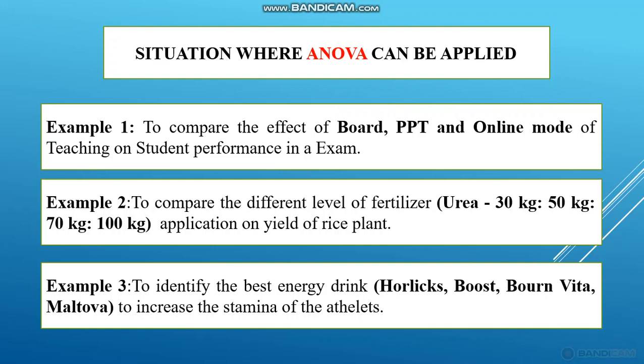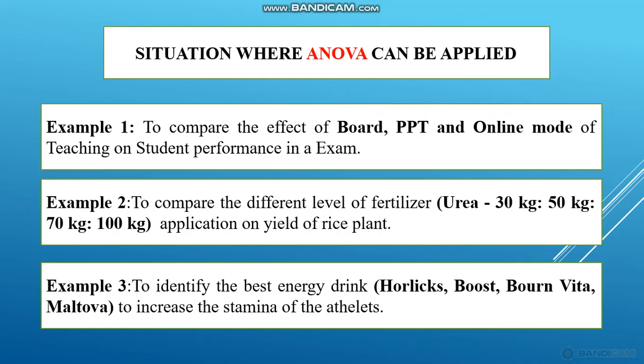Similarly, in the second example, we compare the different levels of fertilizer application on the yield of rice plant. That is, for example, urea at 30 kg, 50 kg, 70 kg, and 100 kg. Among these four levels, which level will give the maximum yield of rice?